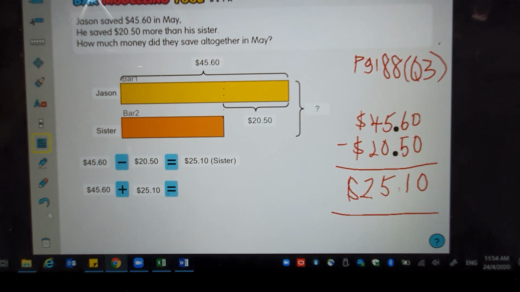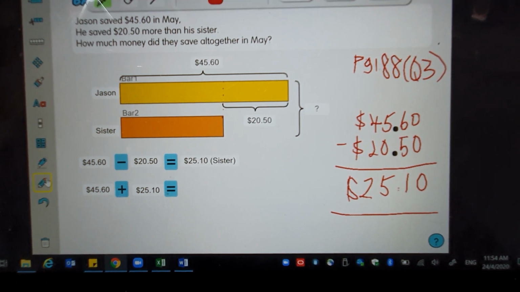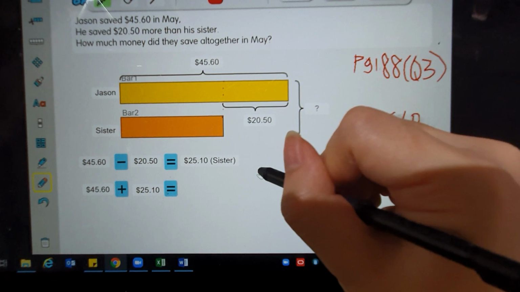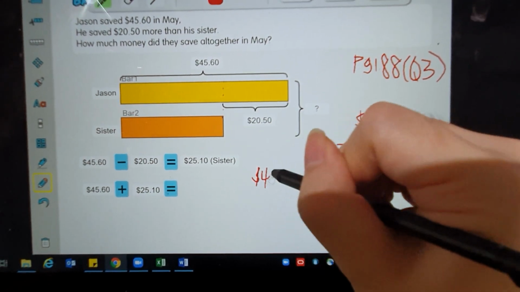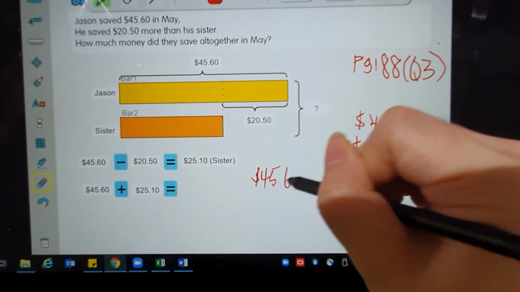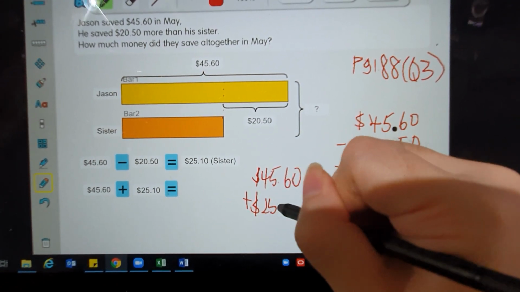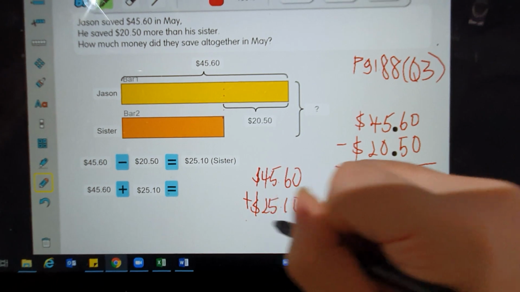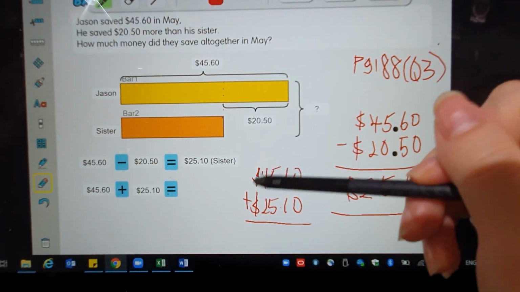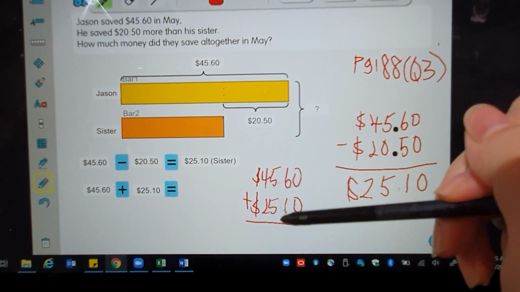As you do your addition, it will still be the same thing. You write down your addition here, $45.60 plus $25.10. Remember to align your dollar sign and your decimal point to be on the same line.